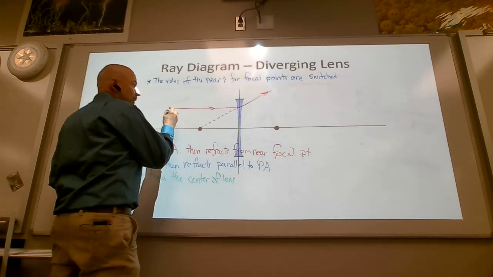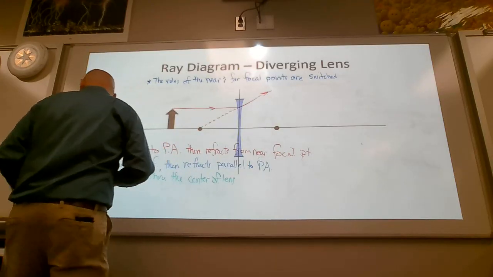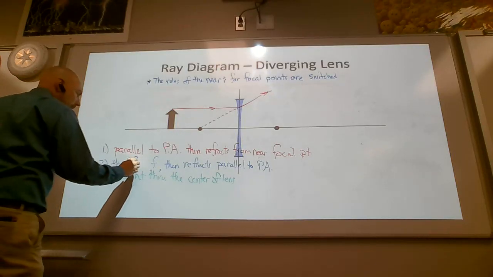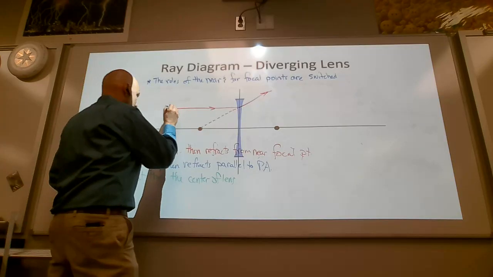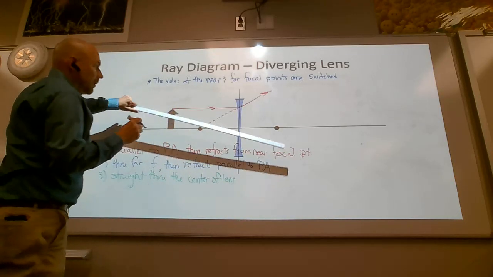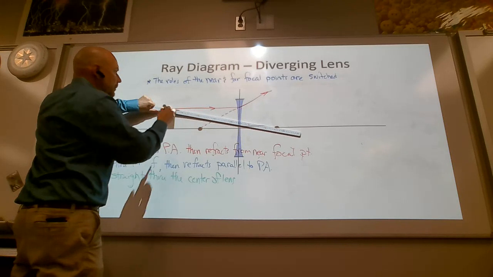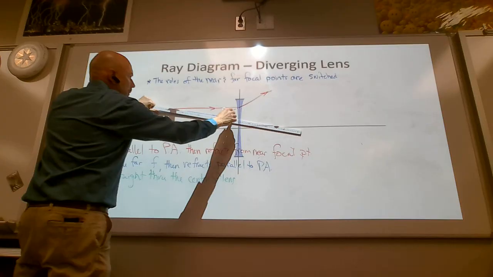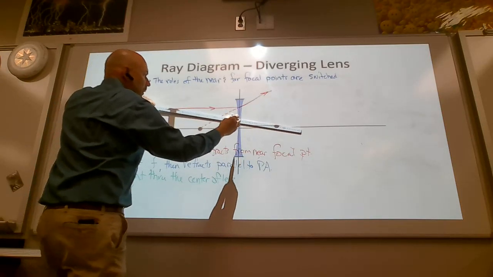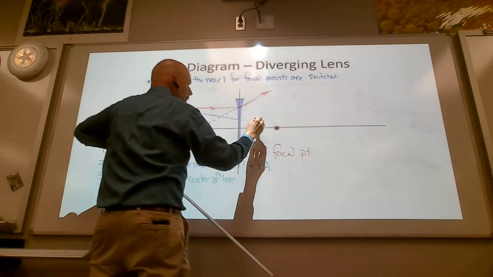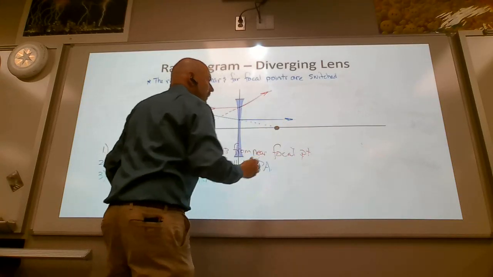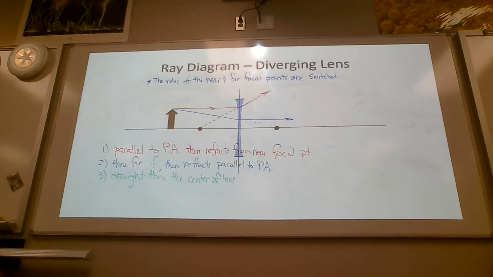So we're going to look through the far focal point, lining up a ruler, a straight edge, as if it was going to go through the near focal point, and then it refracts parallel. Good with that?